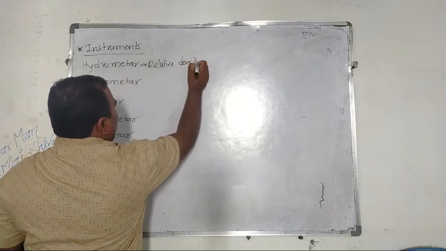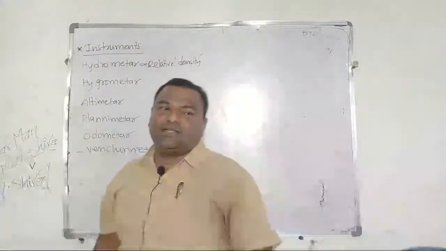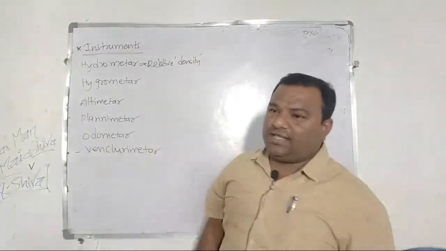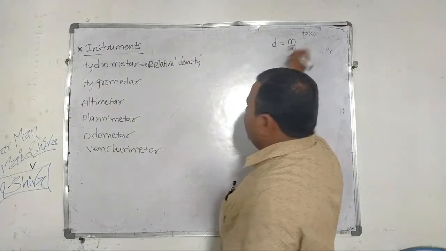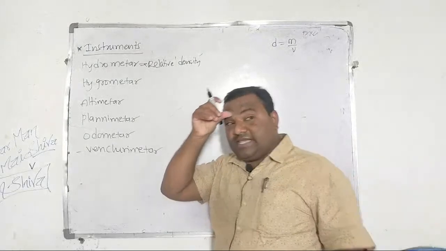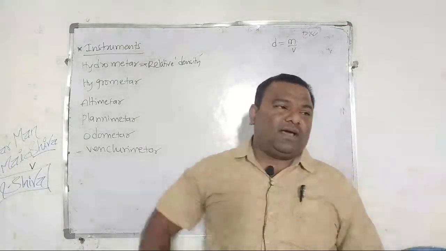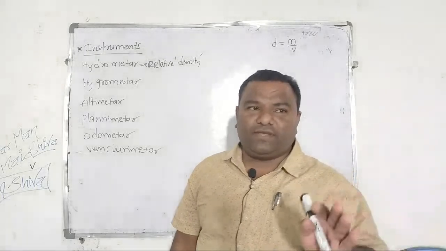I think you know very well about density. In the examination sometimes the formula of density they are asking. Density means mass by volume. They are asking, given two liquids, which is high density and which is low density.